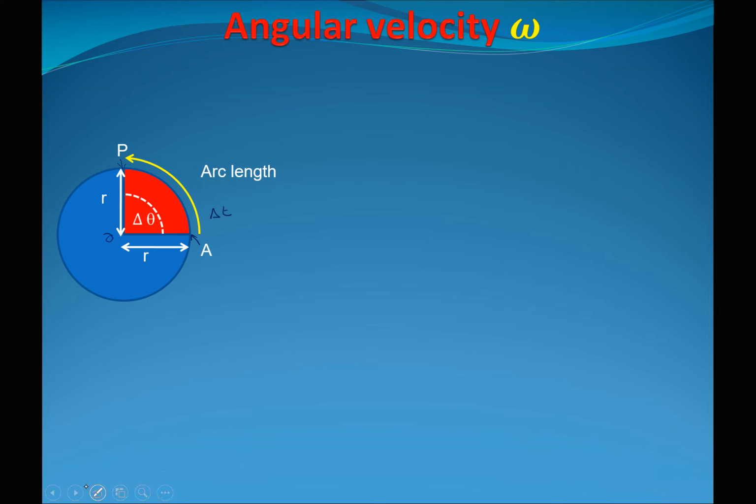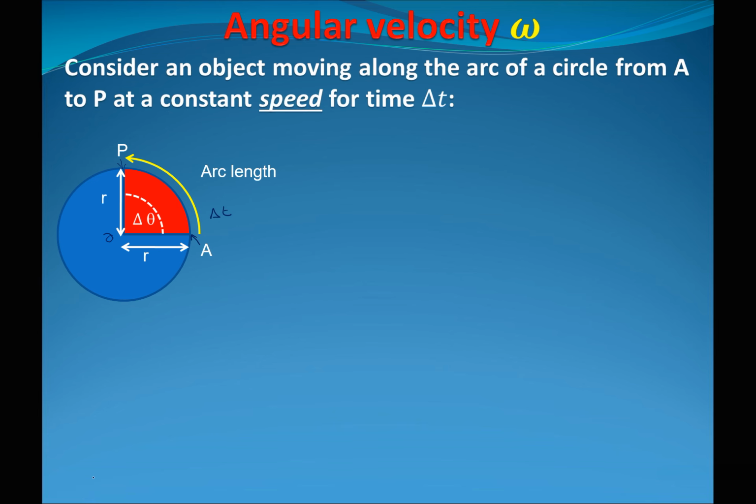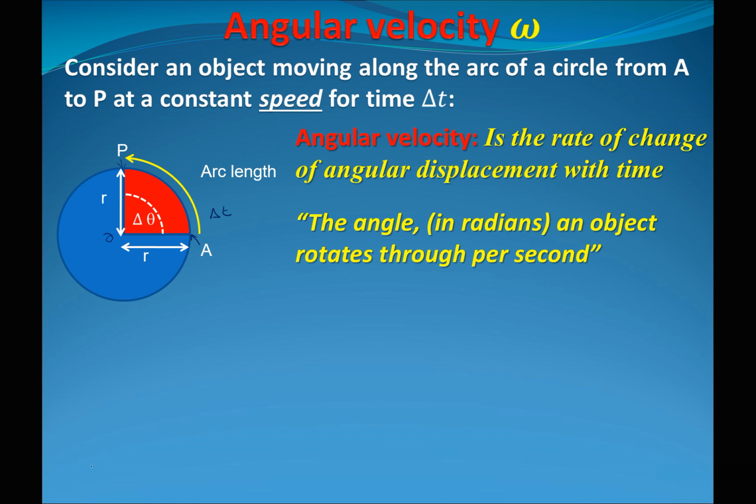So consider an object moving along the arc of a circle from A to P at a constant speed for time delta t. If it sweeps through a certain angle delta theta, then we can define the angular velocity as the rate of change of the angular displacement.